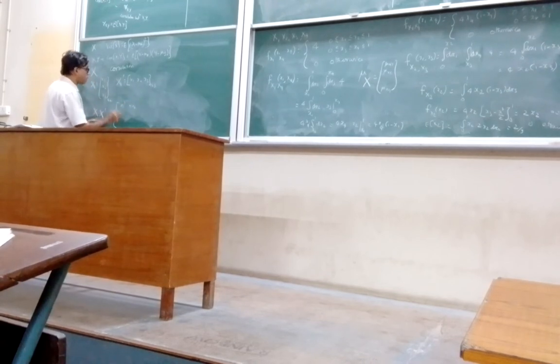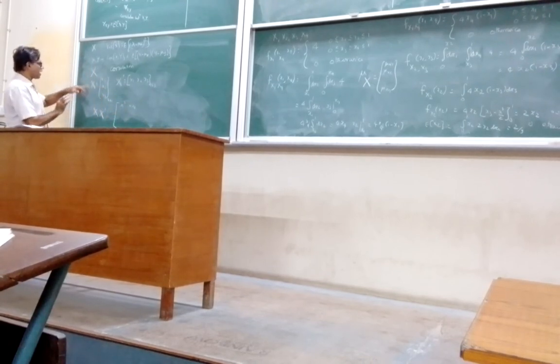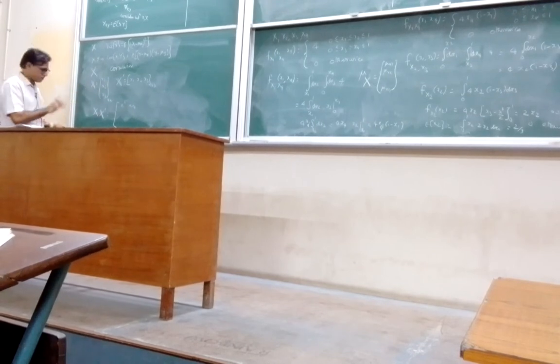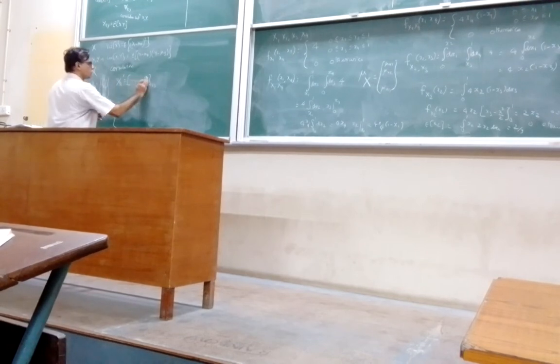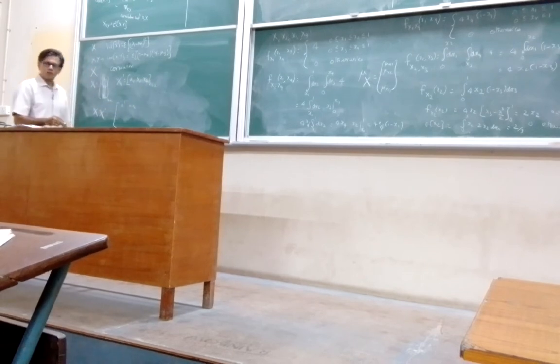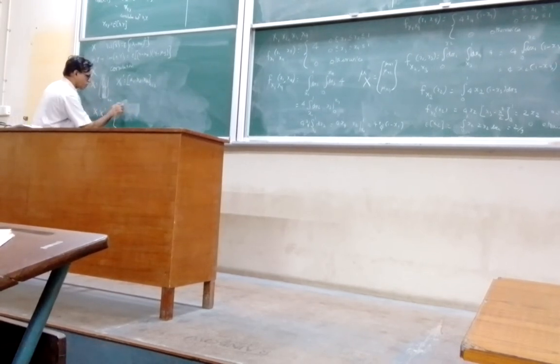But let us say, these are not compound. First of all, these are not compound. These are all random variables. Still we will retain that. If it is compound, it has to be small. So again, these are all random variables only.